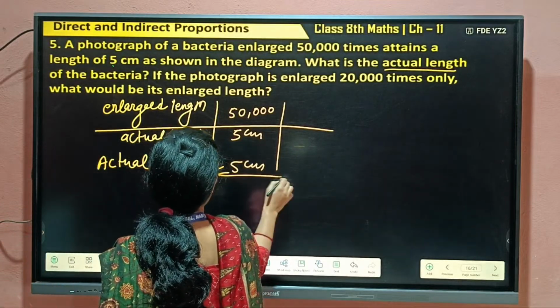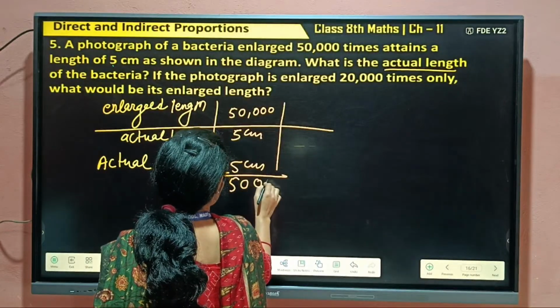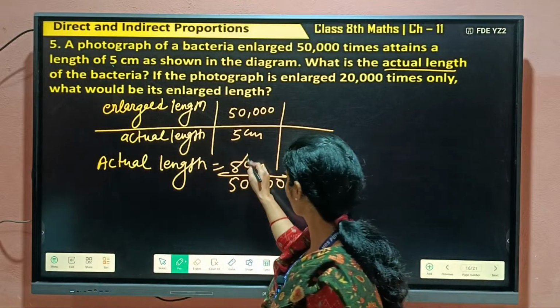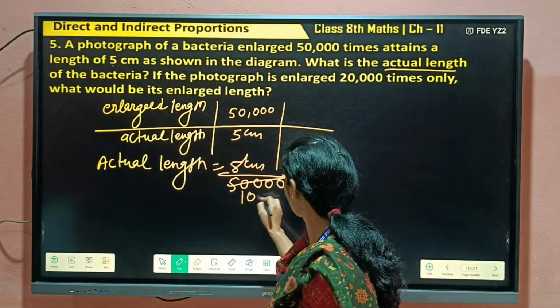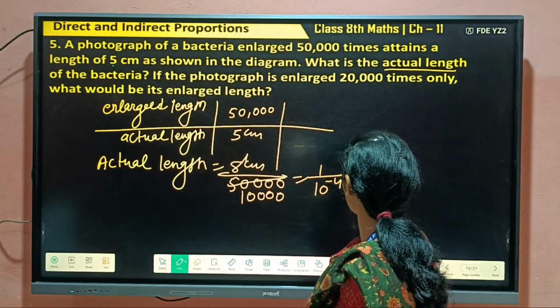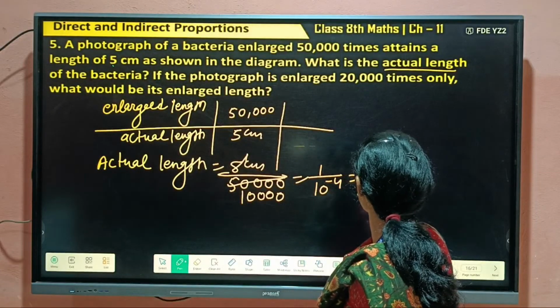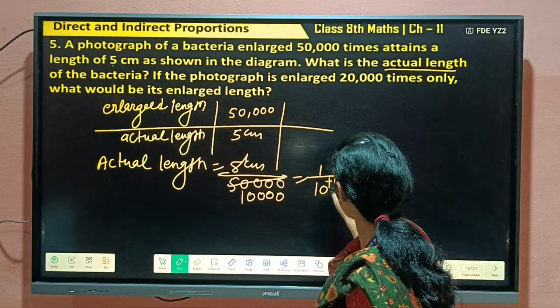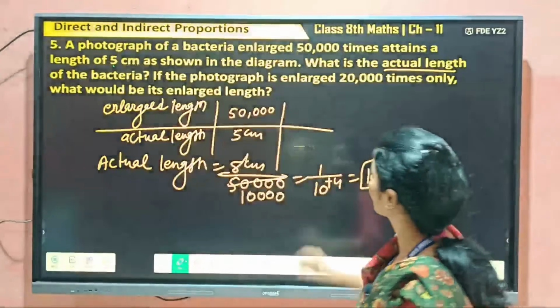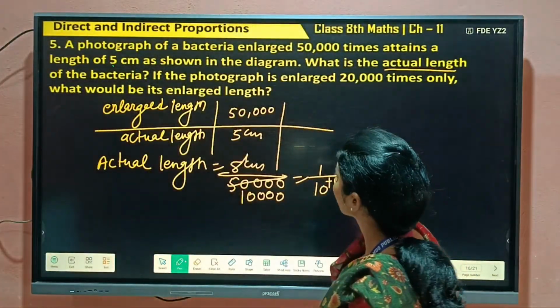This 5 centimeter by 50,000. Then it will be 1 upon 10 raised to power 4, that is 10 raised to power minus 4. This will be actual length of bacteria.